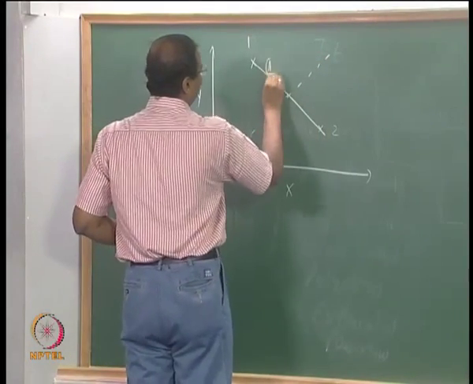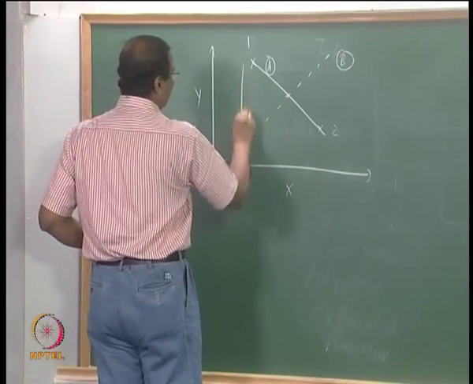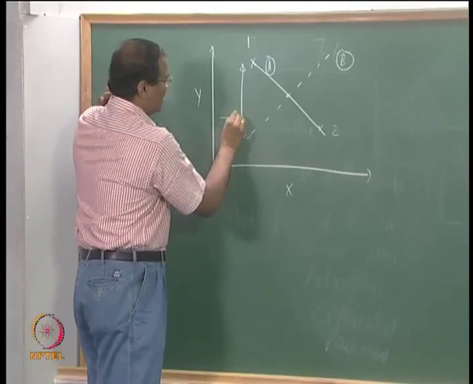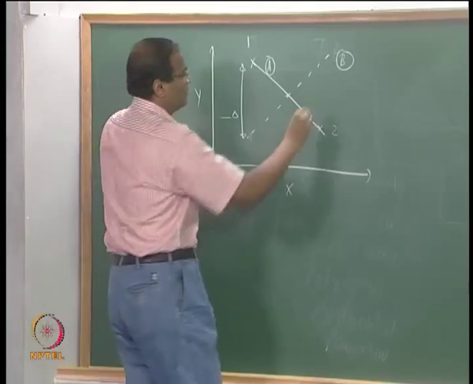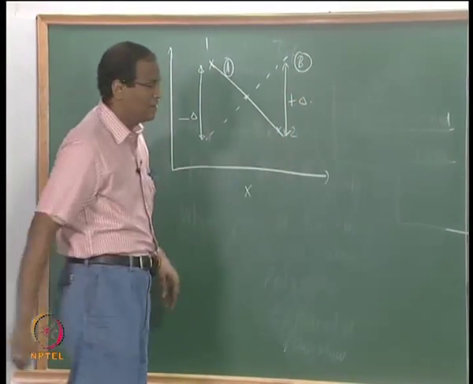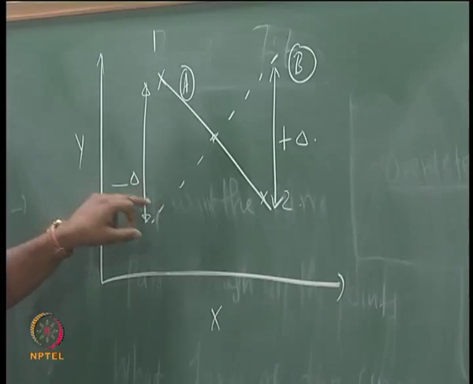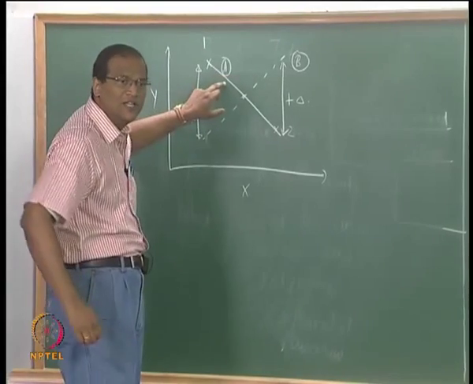This is line A, this is line B. If I propose this line, so here it has a deviation of minus delta from the original line, but here it has a deviation of plus delta from the original line. This minus delta and plus delta cancel out, and then this will give exactly the same value of the S or the sum of the residues as opposed to the correct line.